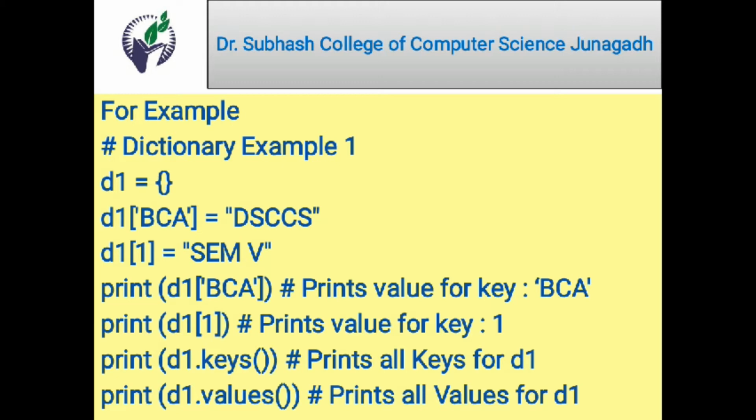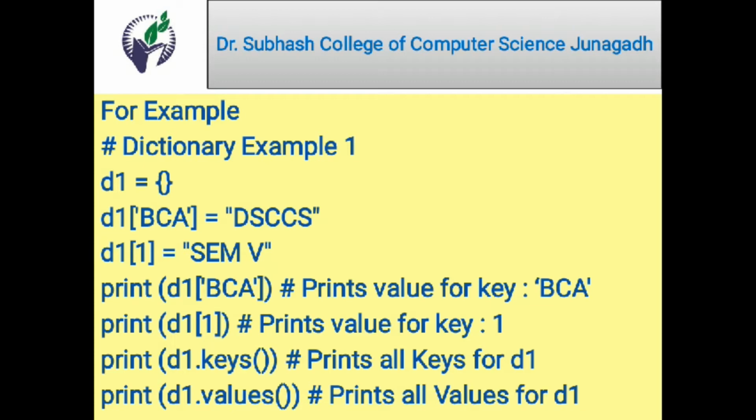D1 is now a dictionary type. Now we are adding to D1, in square brackets, assigning a value: the string 'BCA' enclosed in a pair of single quotes, and the value associated with this BCA, given in double quotes, is the string "DSCCS". The second element of this dictionary D1 has the number 1 equal to another string object, that is "SEM5".